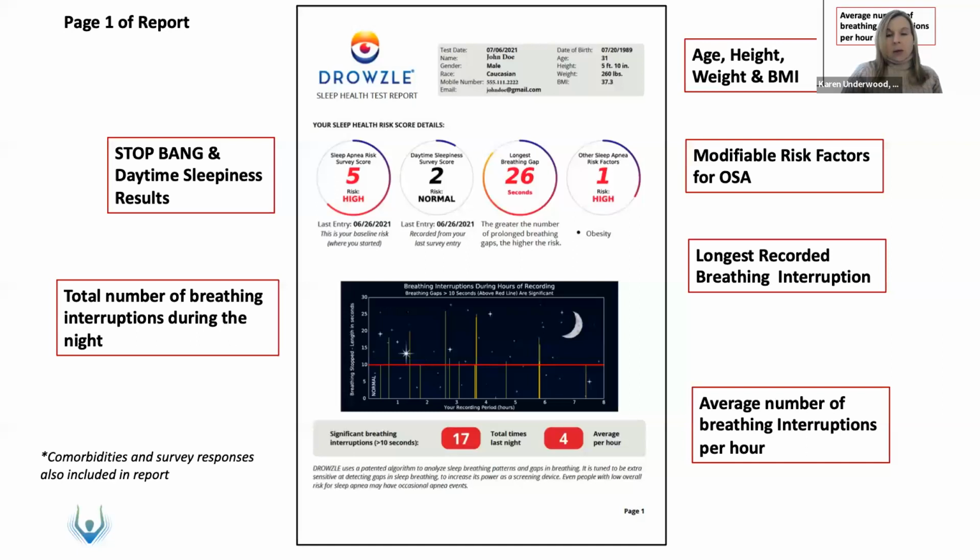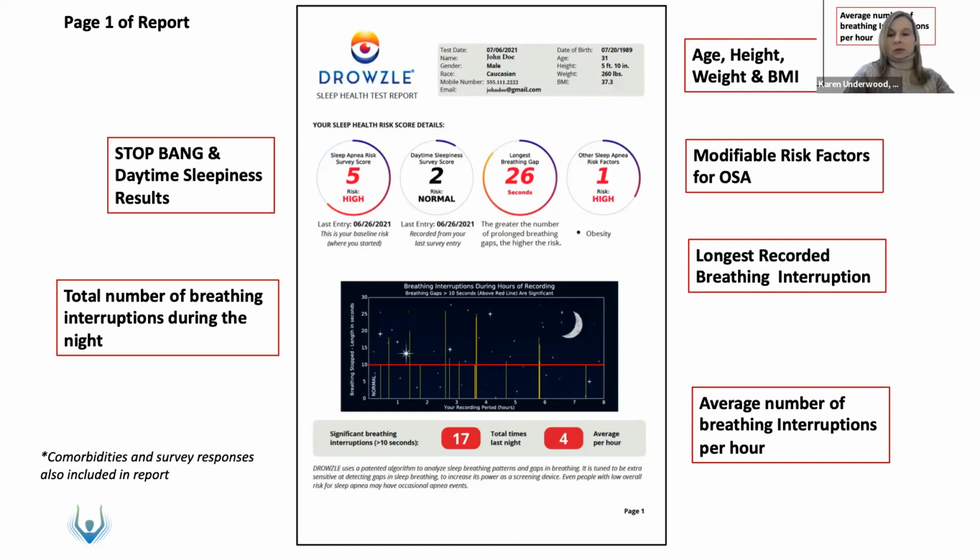The one thing that I would like to point out is that Drowzle cannot be compared one-to-one with other home sleep tests or with a PSG as far as AHI and looking at the apnea count. This score right here reflects their interruptions in breathing.